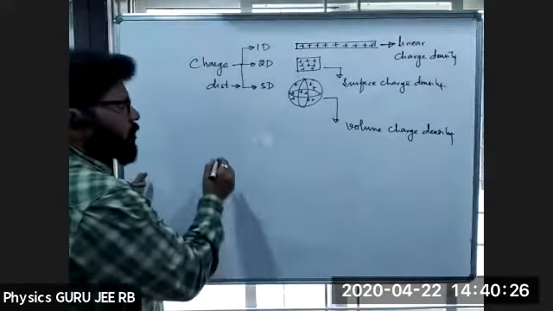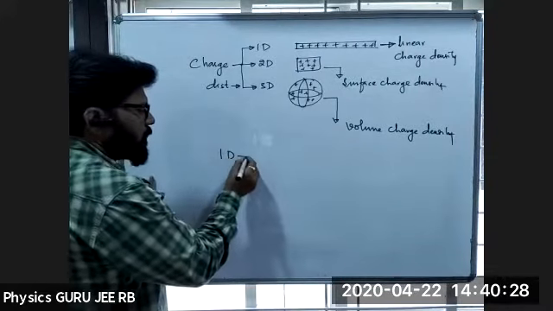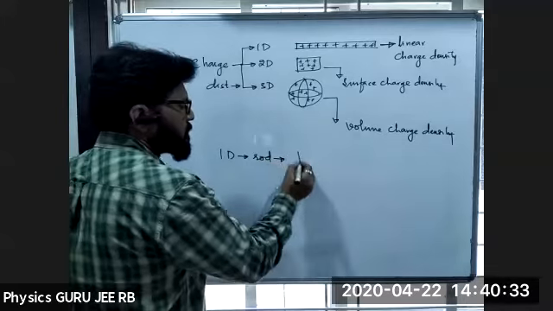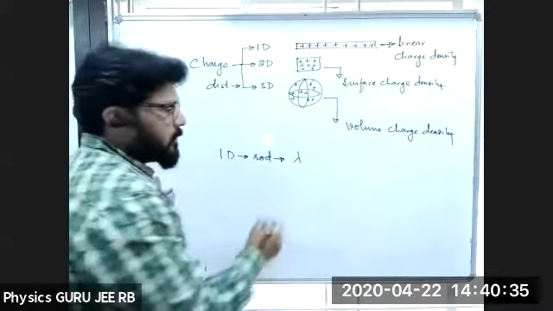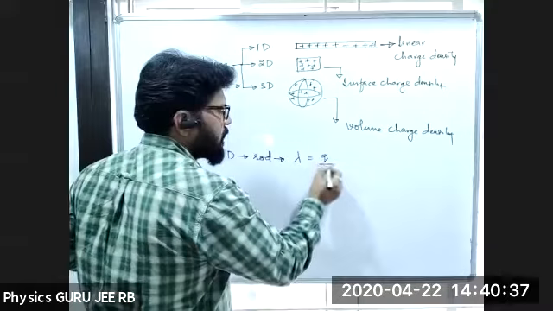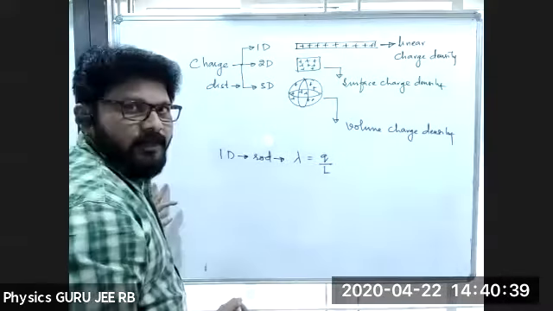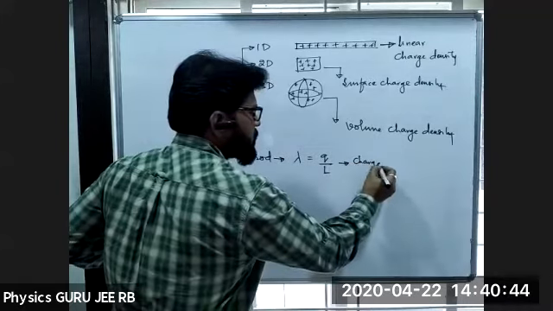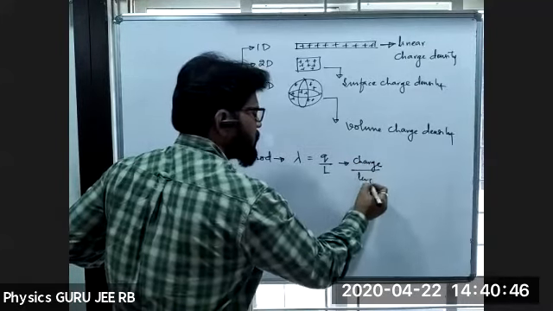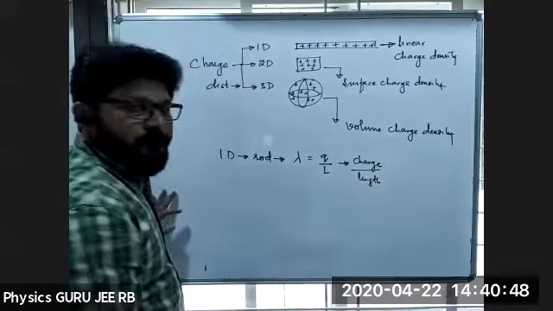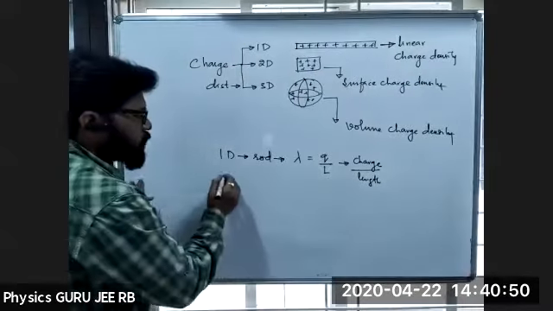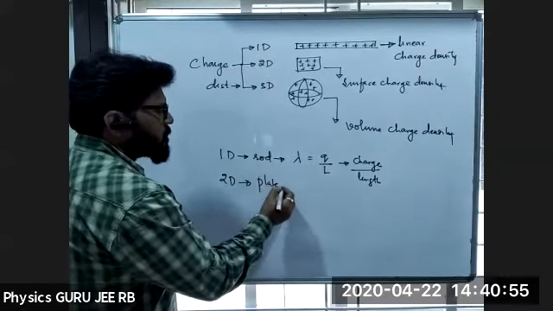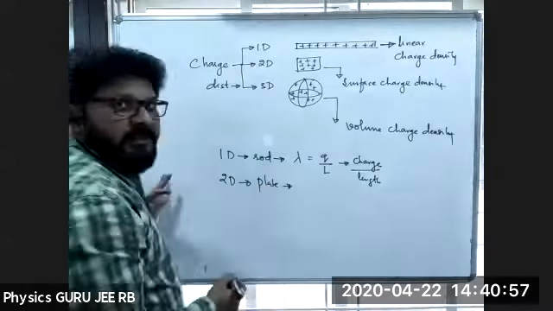Linear charge density, surface charge density, volume charge density. Let me see the 1D rod. Linear charge density is denoted by lambda. Lambda is equal to Q by L, charge per unit length. For two-dimensional plates, charged plates, it is denoted by sigma.